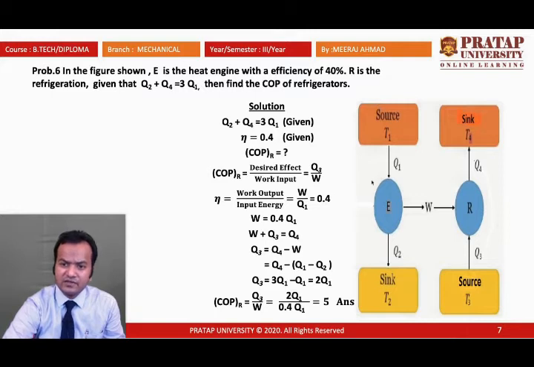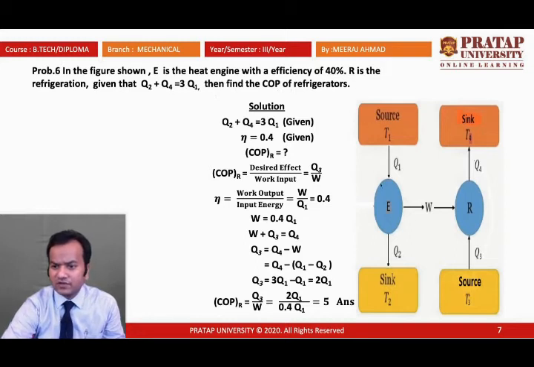There is one heat engine named E with an efficiency of 40%, and R is the refrigerator. Given that Q2 plus Q4 is equal to 3 into Q1, find the COP of the refrigerator.